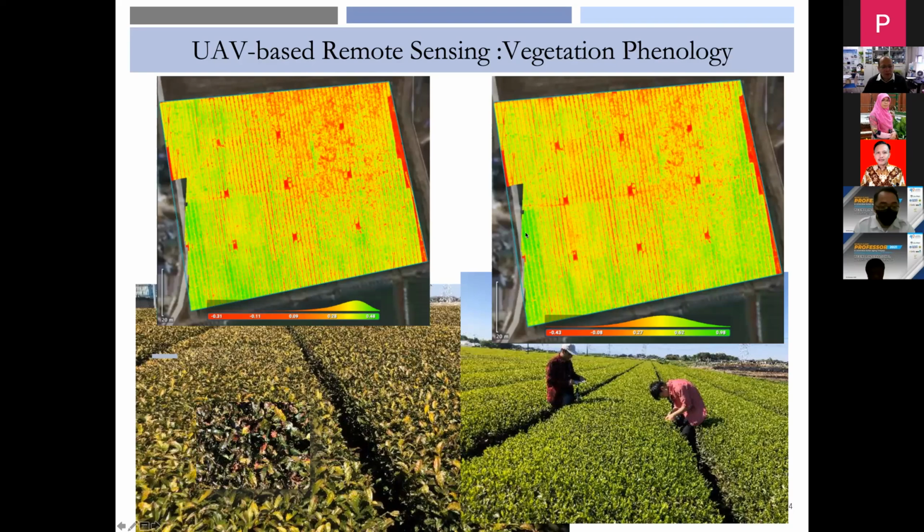So you can see the classifications. In one part of the area, the chlorophyll content was very low, the red part, but the other side was very good. So the quality of the green tea is much better on this side than on the utmost corner, the north side.